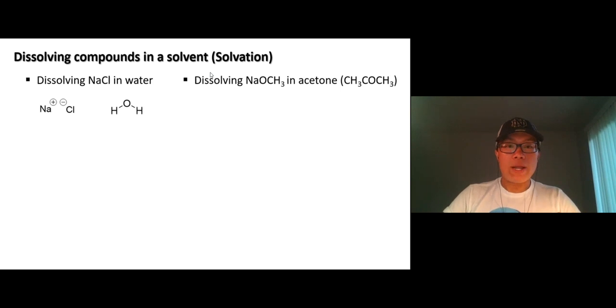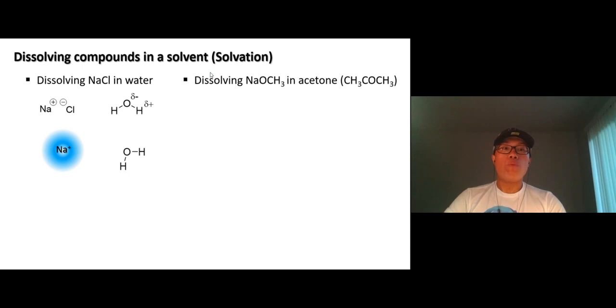Well, think about right here. Water is a polar compound, a polar solvent. Oxygen is partial negative, hydrogen is partial positive. So to dissolve sodium chloride, water has to go surround each ion, the sodium ion and each chloride ion.